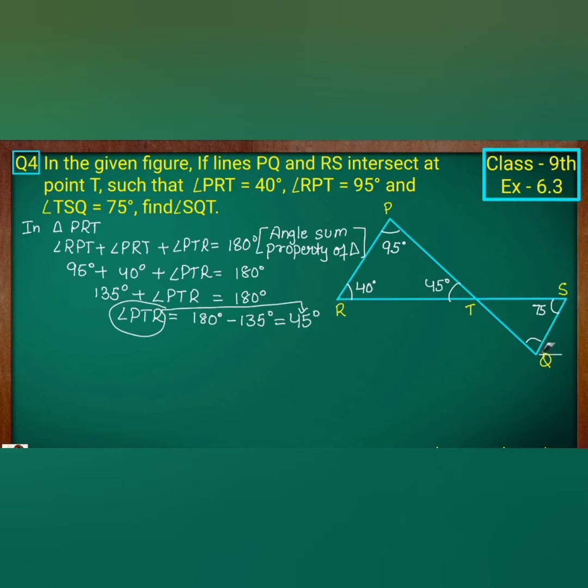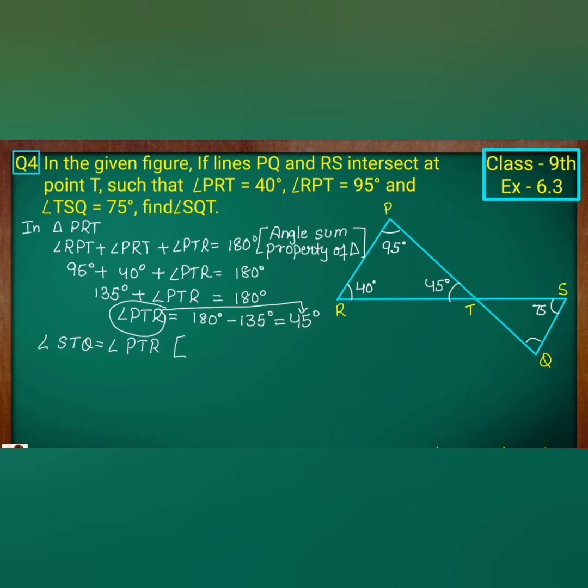Now just concentrate on the second part. So let me tell you one thing before that. Two lines intersect in a single point, then you know that very well, the vertically opposite angles are equal, right? So here the lines PQ and RS intersect in a common point T. So of course the vertically opposite angles are equal.